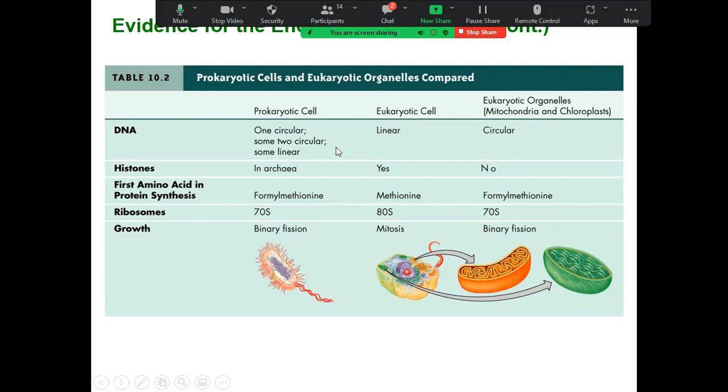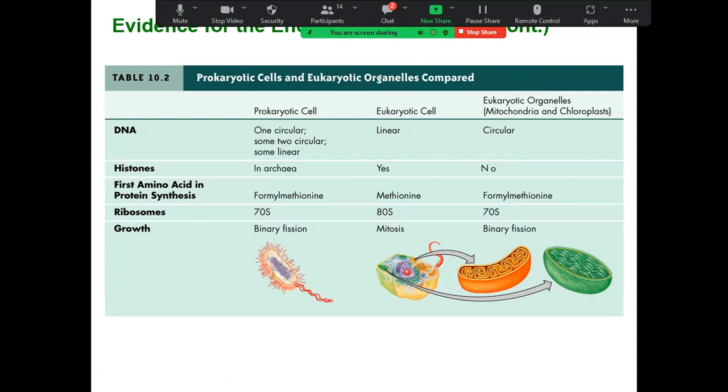Bacteria generally have one circular chromosome, and the DNA of mitochondria and chloroplasts is one circular chromosome. And then furthermore, when we sequence the DNA found in the mitochondria and the chloroplasts, the sequence does not fall in the domain Eukarya. The sequence of the DNA of the mitochondria and the chloroplast falls in the domain of bacteria.